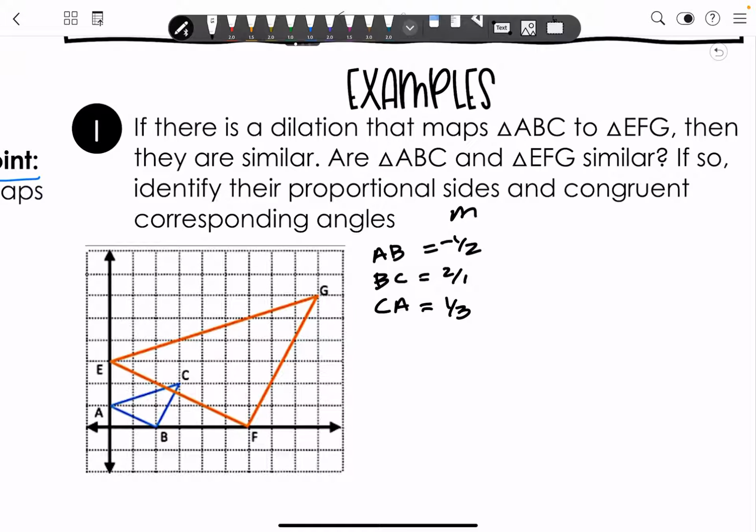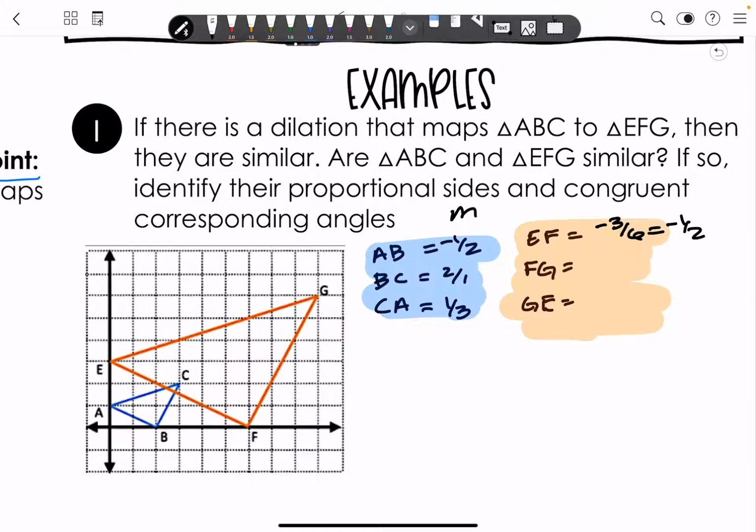All right, now let's find it for EF, FG, and GE. And if it helps you to color coordinate, here's the blue triangle, and here's the orange triangle. All right, if you do EF, then you end up getting negative 3 over 6, which simplifies to negative 1/2.